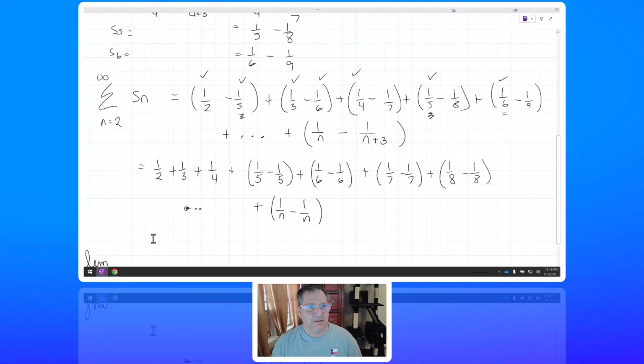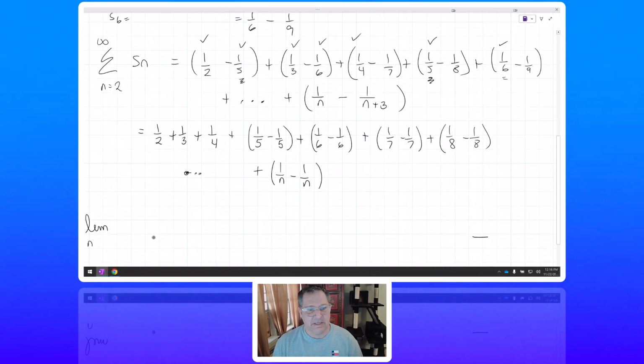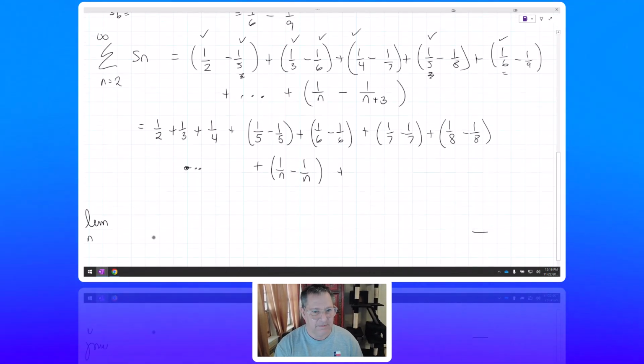And if you look at the partial sum, that leaves only the 1 over n plus 3 on the end. So we'll just have to include that here on the end.